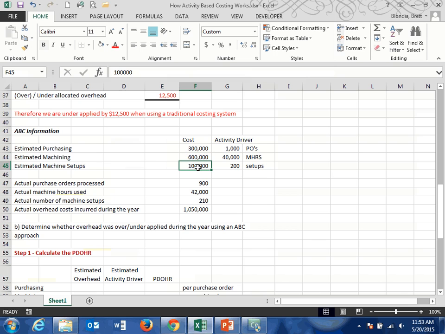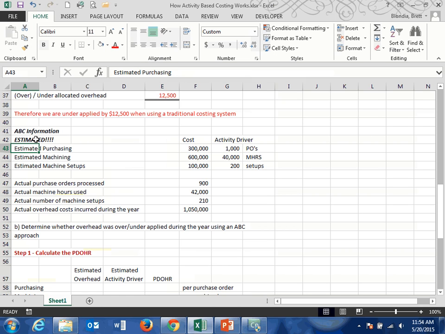So right away, if I've got 3 activity pools, I know I'm going to be calculating 3 overhead rates. Okay? You can see that I've also given you the activity driver for each pool. So I have $300,000 in purchasing costs and 1,000 purchase orders that I'm planning on doing. These are all, and it's important to note, these are all estimated figures.